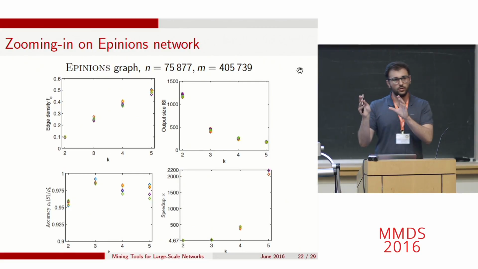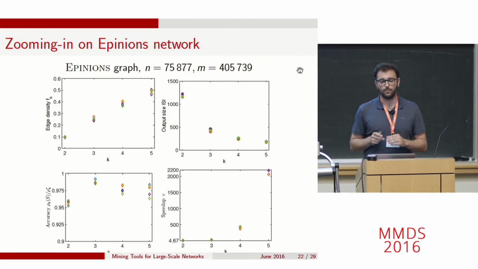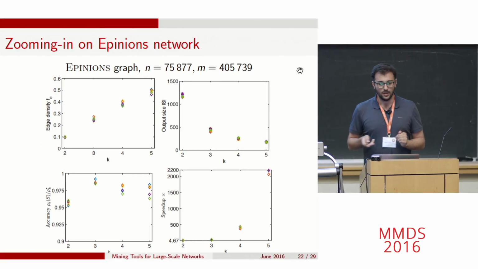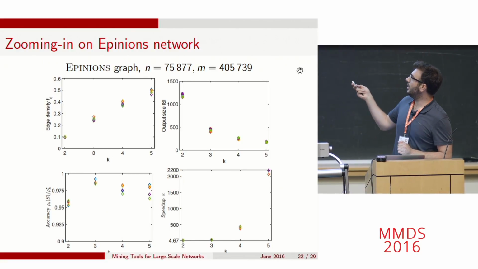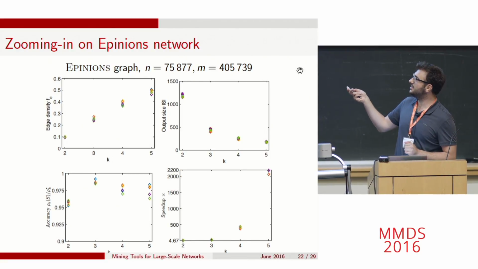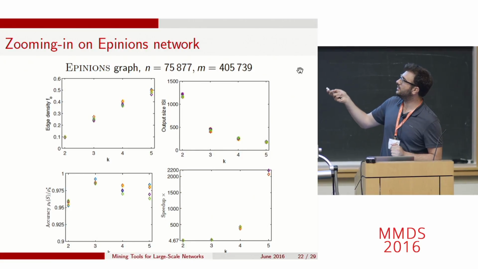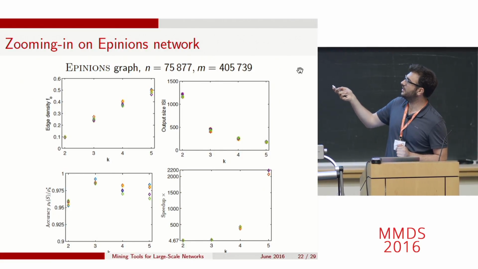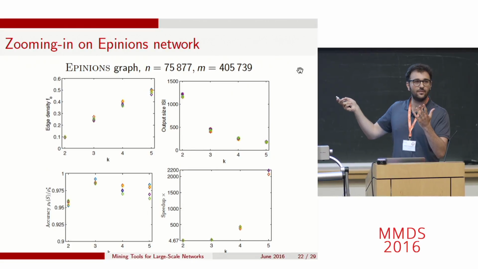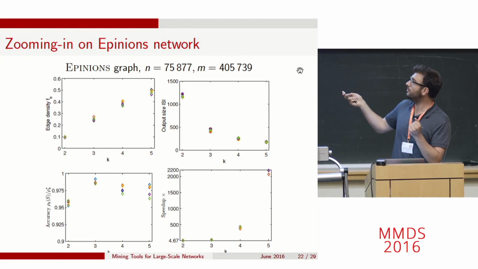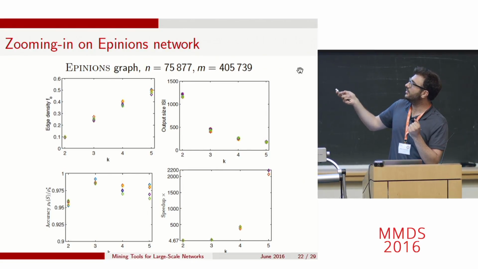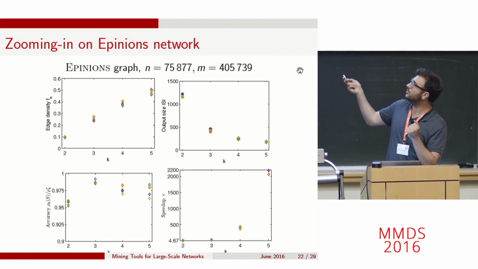So here is zooming in on a specific data set. You can find many more plots and results in our paper. So I have 4 plots. The x-axis is parameter k, and here you can see the H density. For every value of k, I do 5 experiments because it's a randomized algorithm. And you can see the H density increases. It's pretty well concentrated.